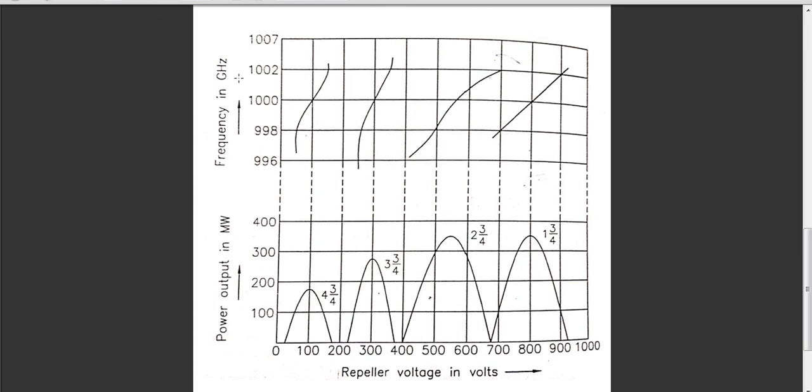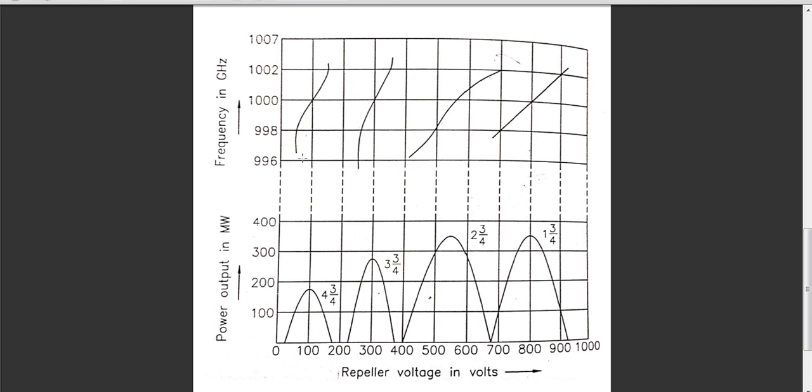So if you vary this repeller voltage slightly, there will be a change in the frequency. Say here the value is 100 megawatt.